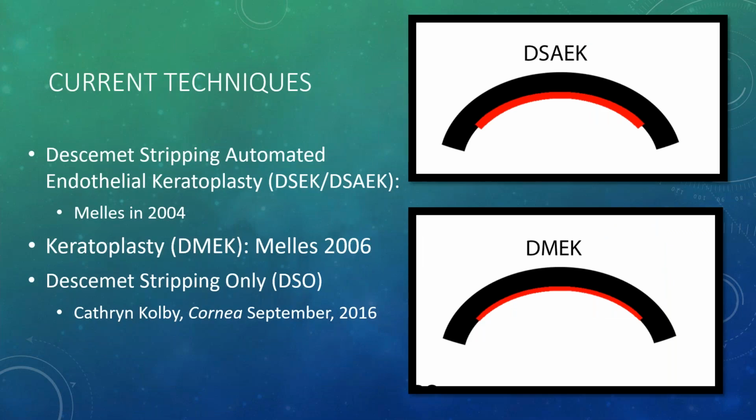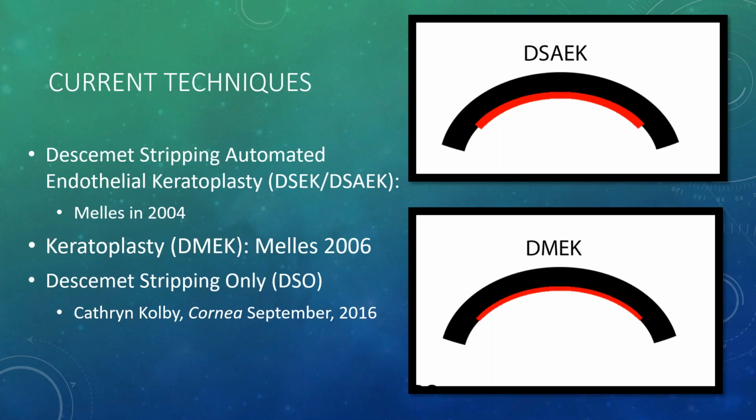So our current techniques: Melles described this in 2004. DSEK is a larger lenticule of posterior stromal tissue and endothelium. Depending on who's doing the procedure and why they're doing it, a DSEK can be as thin as 60 to 70 microns, and we call that ultra-thin DSEK. Traditionally, a DSEK is usually about 120 microns.